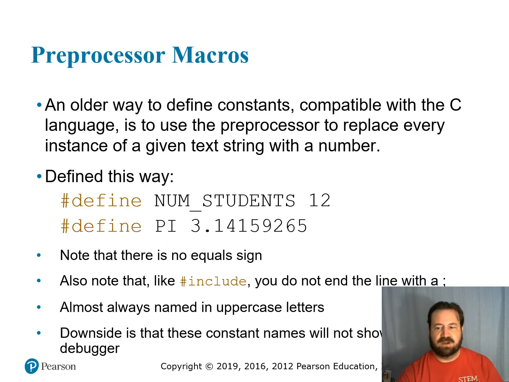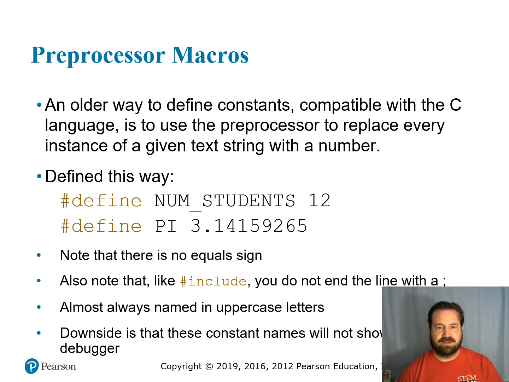Where this comes from is there's an older way to define constants that's compatible with the C language. Const is a C++ keyword. And that's to use the preprocessor to replace every instance of a given text string with a number. And we use the #define keyword. So if I have 12 students in my class, I can #define num_students as 12.